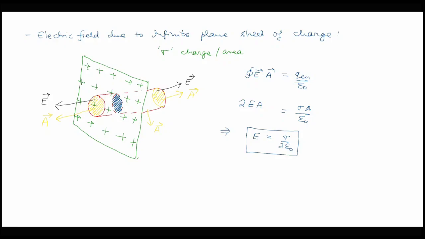So over here, I am introducing one more notable point, that if we consider two such infinitely large sheets with opposite polarity kept near each other. Suppose I consider a plus sigma charge sheet and a minus sigma charge sheet placed close to each other.